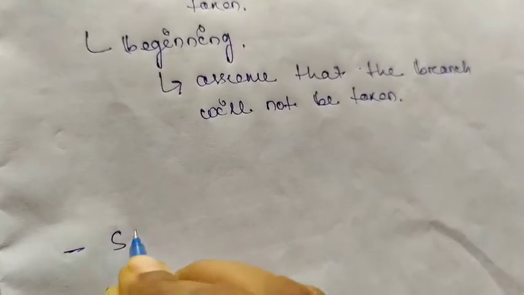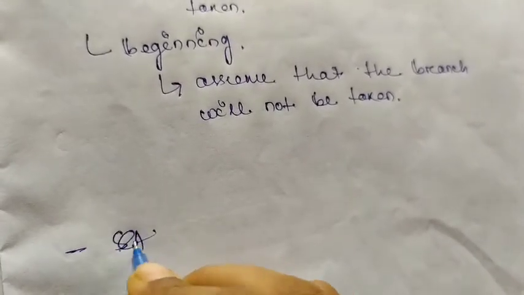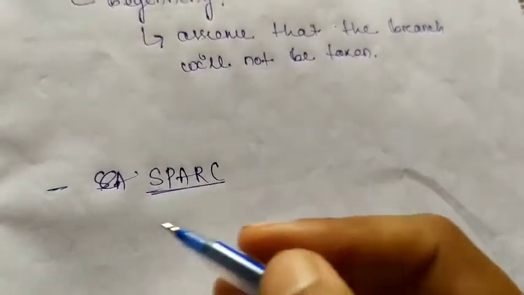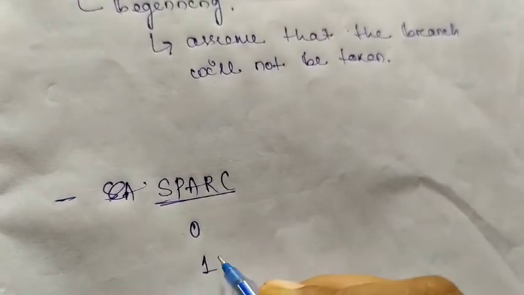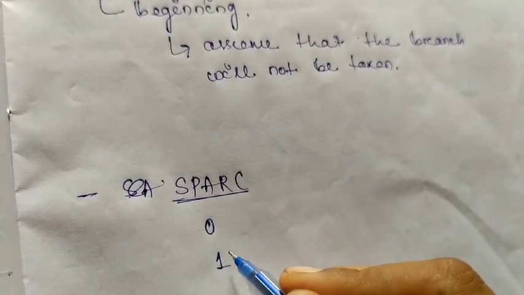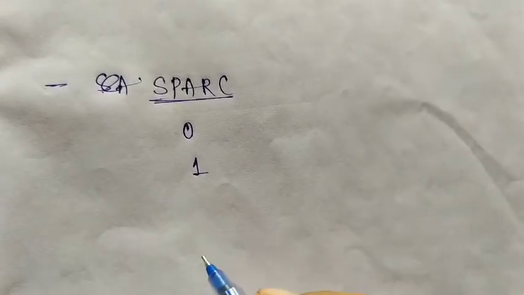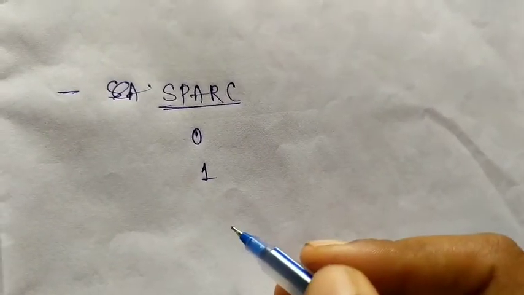In some processors, for example the Spark processor, there is a bit, 0 or 1. According to the bit setting, set by the compiler, the fetch unit will know whether the branch is taken or not.